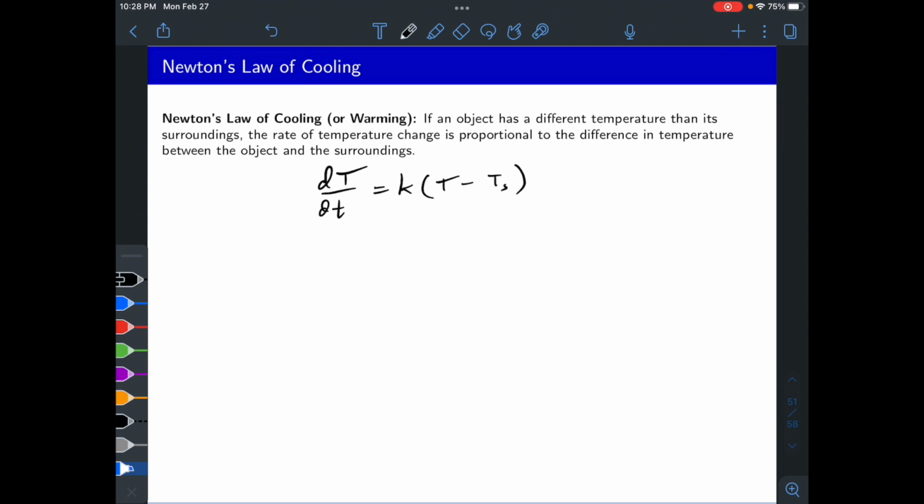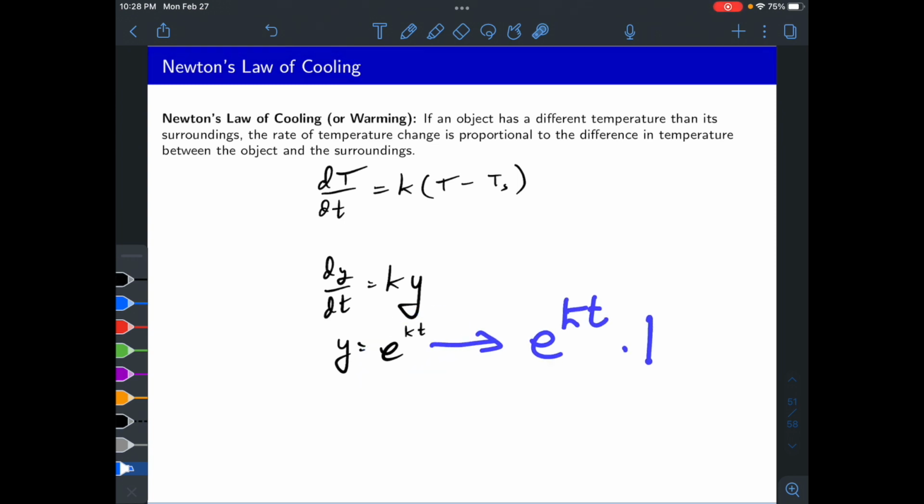Okay, so we've discussed things like dy dt equals k times y, and we intuitively said, well, what's a function whose derivative is equal to k times itself? That function would be y equals e to the kt, because the derivative of e to the kt would be e to the kt times the derivative of kt, which is k, which is really just y times k, or ky.